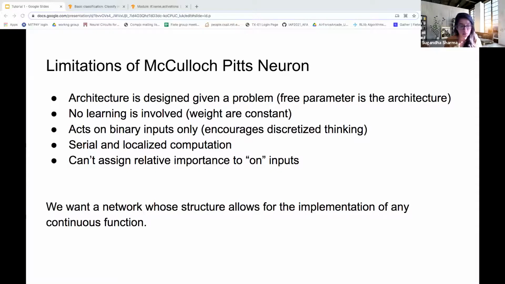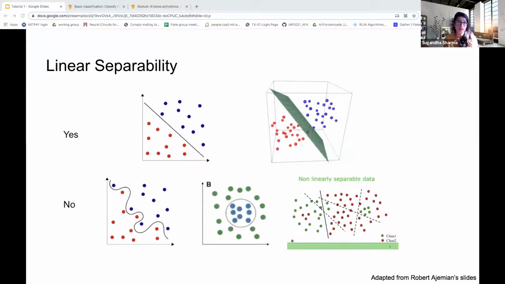Before I get into perceptron, I want to talk about the concept of linear separability. Here I'm showing schematically what linear separation means. If you have a bunch of points in a space, for instance here in 2D space, and you can separate them by a linear function, here just a line, then you can deem those points to be linearly separable.